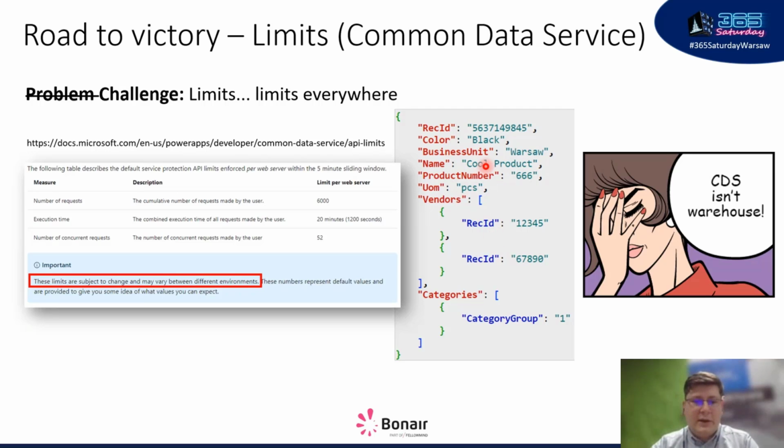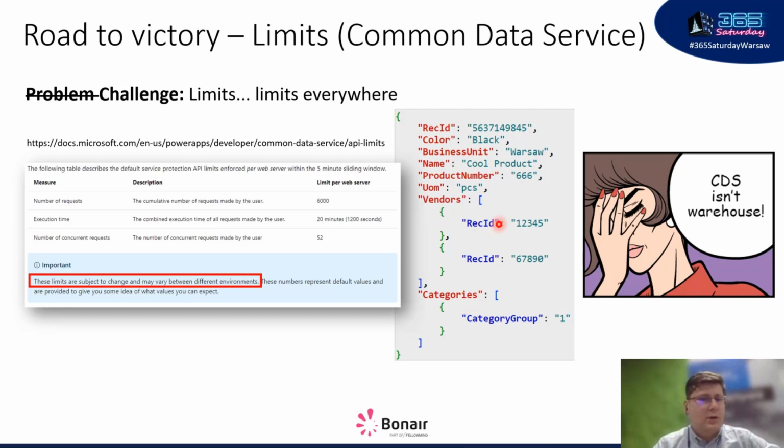As you can see here, we have a business unit. We have to find the GUID number on the CE side of this business unit. We have a unit of measure. We have to check what the GUID or the number of the dictionary on the CE side is for this unit of measure. So every request sent from FO to CE does not mean it's one shot to Common Data Service.